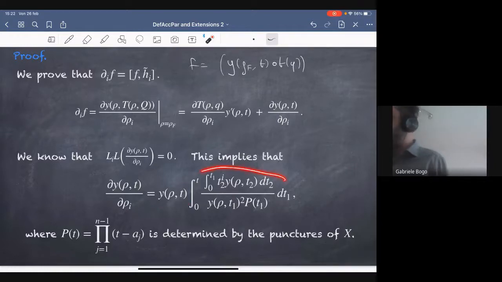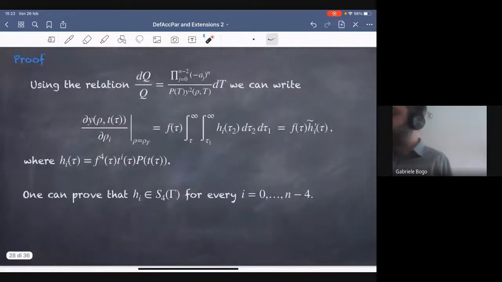Now, we want to evaluate this integral on the upper half plane using the relation between the variable on the Riemann surface and on the universal covering. Then this simply becomes the integral of some function h_i, where h_i is f to the power 4 times t to the i times the polynomial t, the one giving the punctures of the sphere, integrated 2 times.